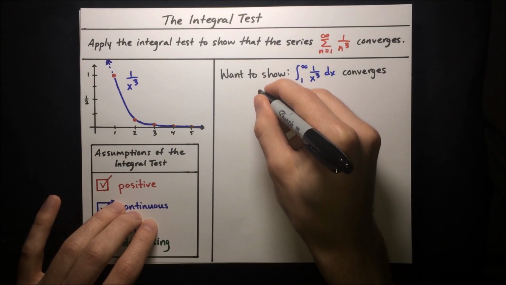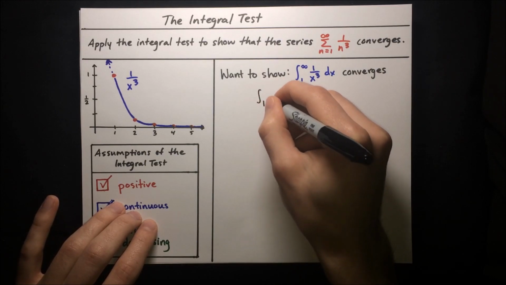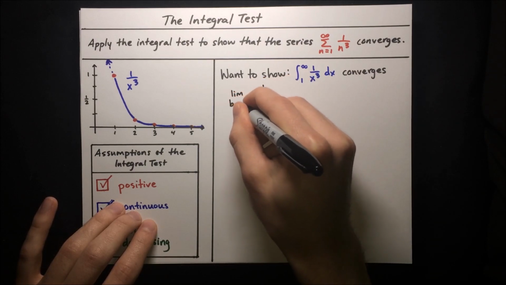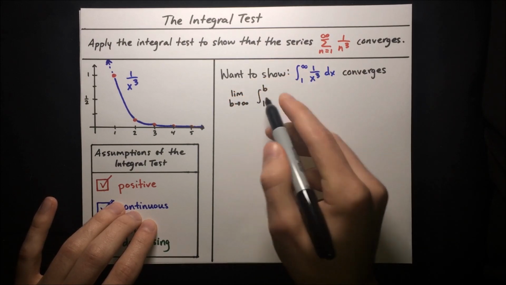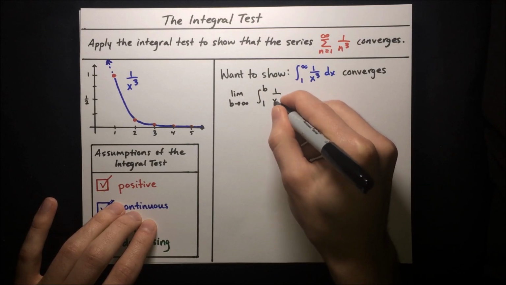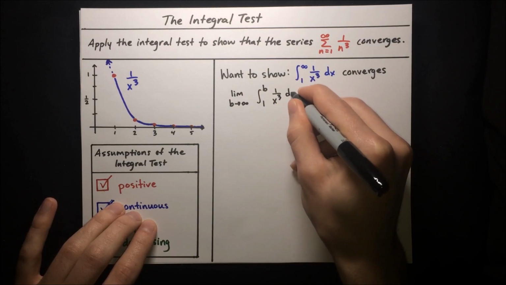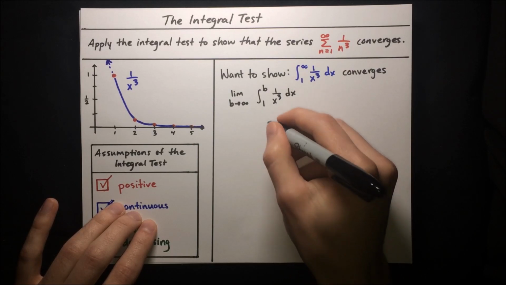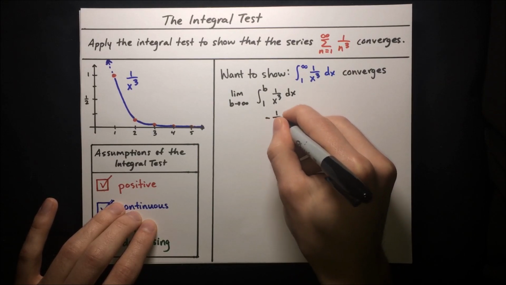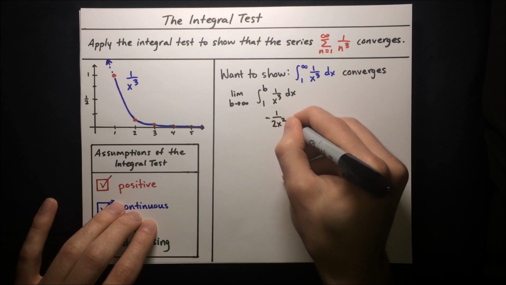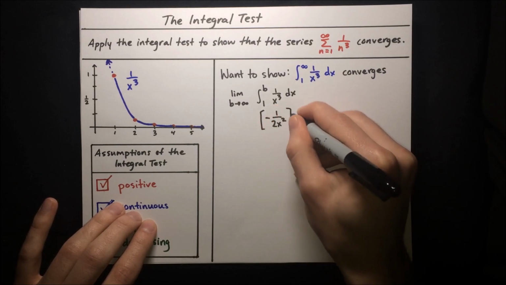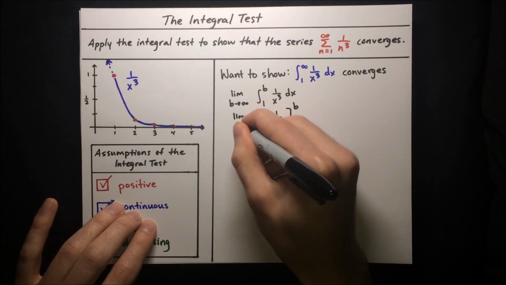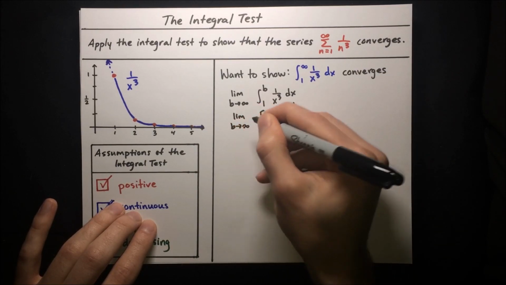Again, this integral is really just a limit from 1 to the upper bound b, so let's put a limit as b goes to infinity in front, and then the inside 1 over x to the third dx. Now this integral here, integral of 1 over x to the third, that's just negative 1 over 2x squared, and we want to evaluate that at our bounds, 1 and b, and also take the limit as b goes to infinity.